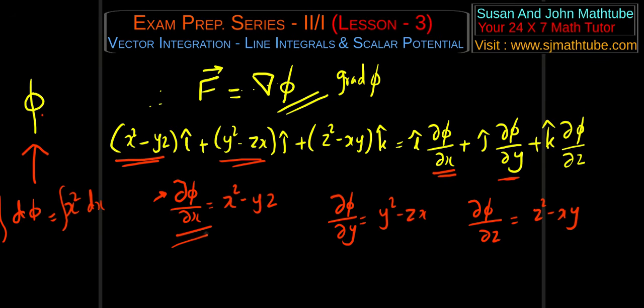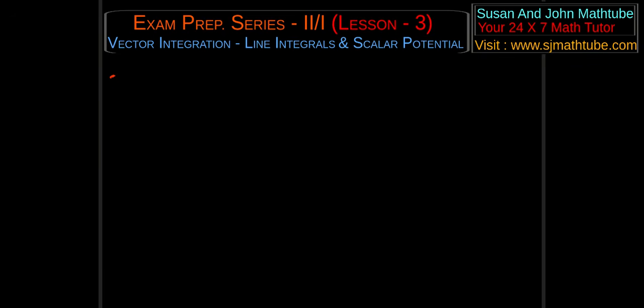But things are not that easy here because we have the partial derivatives. But the good news is you have all the partial derivatives. And when you have all the partial derivatives, you will be able to find phi. So let's try that process.